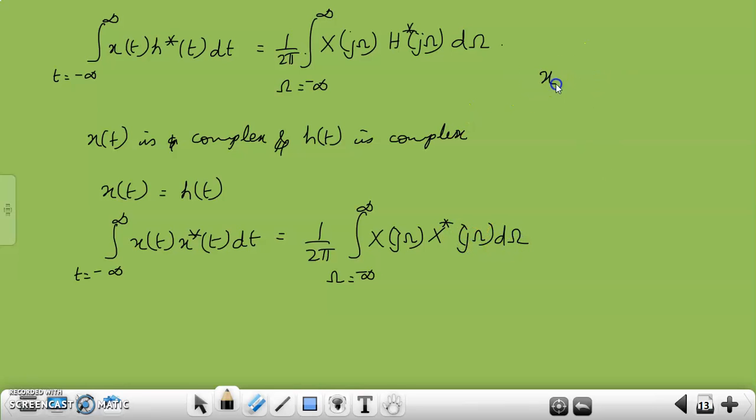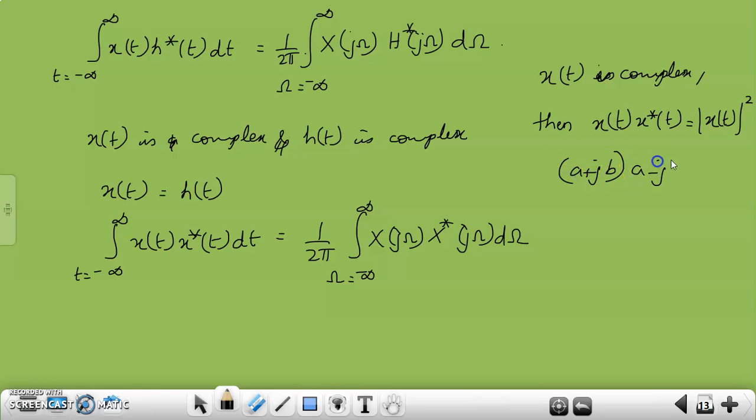Now you know that if x of t is complex, then x of t into x star of t will be equal to mod of x of t square. The proof is if a plus jb is a function and a minus jb is its complex conjugate, the product gives a square plus b square, which is mod of a plus jb square.